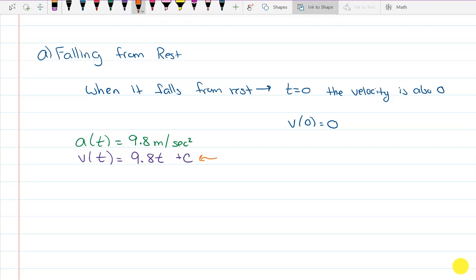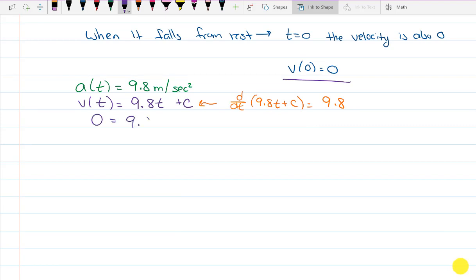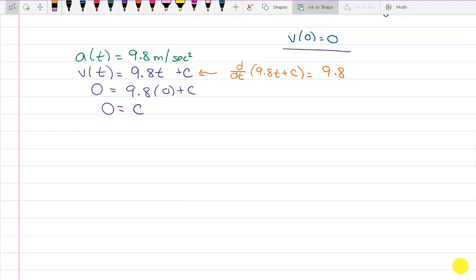And this is because d/dt of 9.8t plus c is equal to 9.8 because c is a constant, so it goes away. Now we're going to use our initial value, v of 0 equals 0. So 0 is equal to, when I evaluate when t is equal to 0, 0 is equal to c, and then you just plug it back in for c to find a velocity function. So we get v of t is equal to 9.8t.